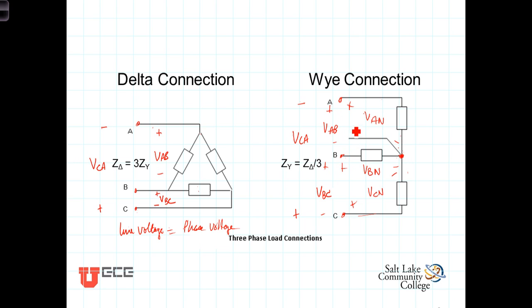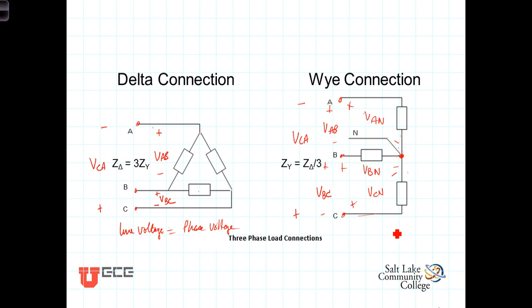We'll see in the next video what the relationship is between the line voltage and the phase voltages in each of these. So, in the delta connection, the line voltages are equal to phase voltages, and over here, the line voltages and phase voltages are different.